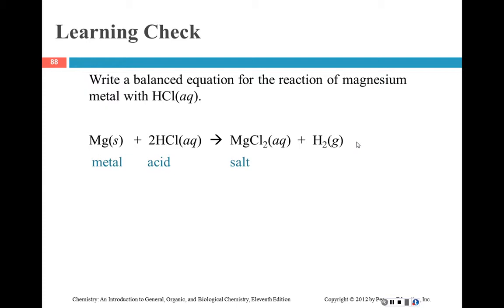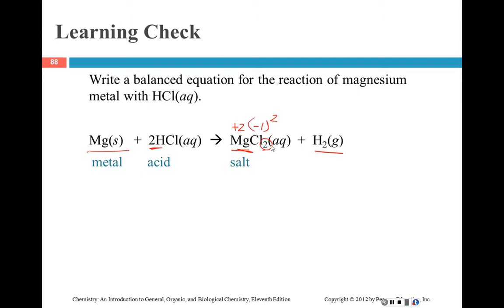Okay, so how did you do? It's basically the same as potassium. Sodium would be the same. The only thing that changes is what the salt is, because the salt is made from whatever metal you started with, and you're always going to produce that hydrogen gas. Notice that I had to balance this because for magnesium chloride, since magnesium is a +2, I know this is from a long time ago, and chloride is a -1, you have to have 2 of those.